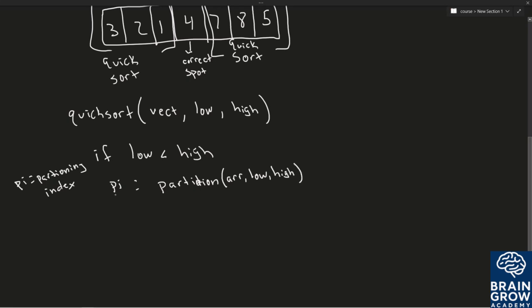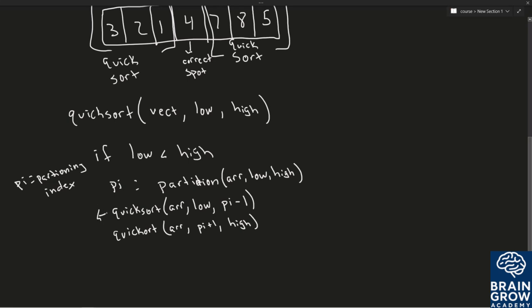And then when we get our partitioning index, we want to call quicksort on the array, on the low, and then the partitioning index - 1. This is the left side. And then we also want to call quicksort on the array, partitioning index + 1, and then the high.